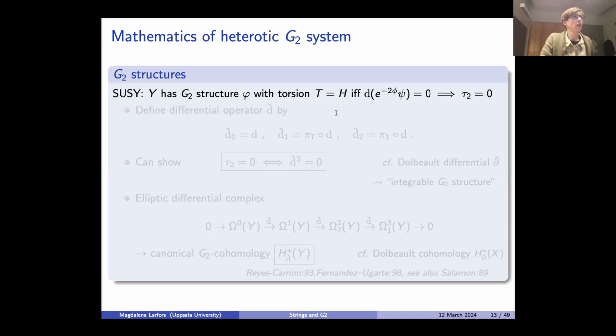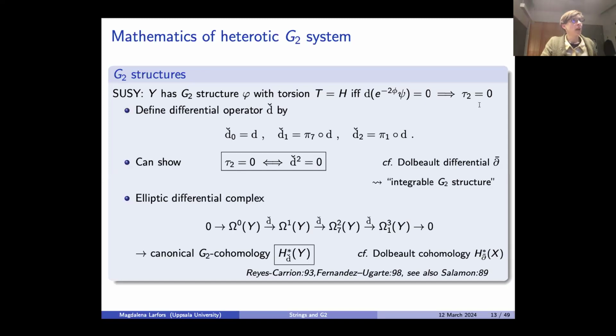We said that supersymmetry enforced this conformally co-closed condition on the G2 structure, which means that one of the torsion classes is vanishing. Now, exactly in that case, one can define a differential operator, which is defined from the de Rham differential composed with projections to G2 irreps.